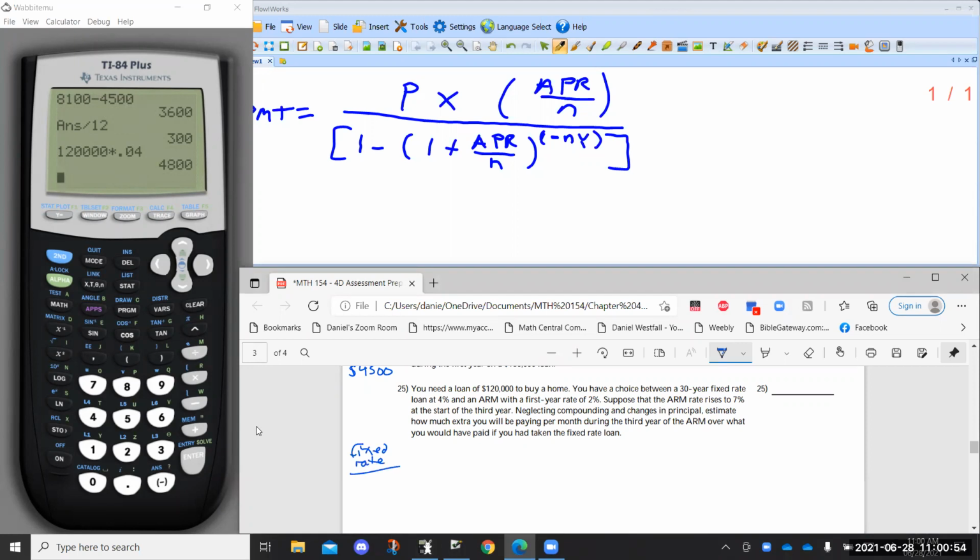Our payments will be roughly $4,800 a year. On our ARM that year, this is going to be roughly $8,400 that year.